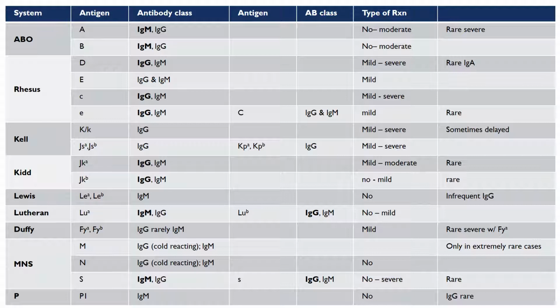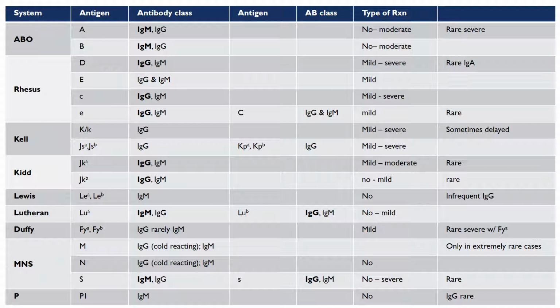So there are a certain percentage of persons who do become sensitized, and it can happen during fetal maternal bleed. It is possible. And in that case, if the mother develops an IgG against that blood type, then you can get moderate HDFN.